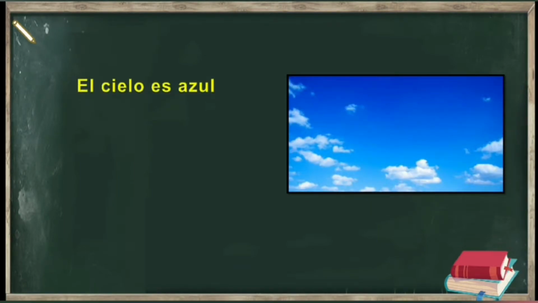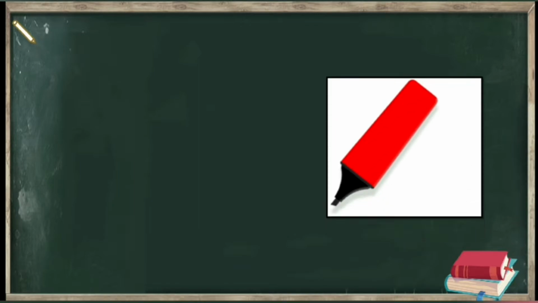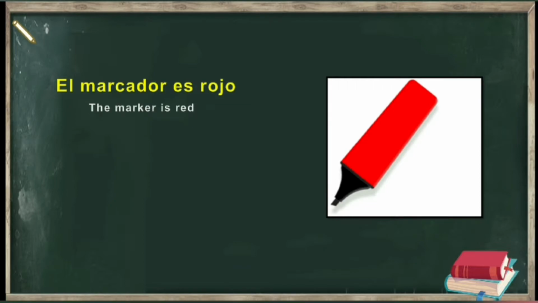El cielo es azul, which means the sky is blue, where azul means blue. Let's see the next example. El marcador es rojo, which means the marker is red, where rojo means red.